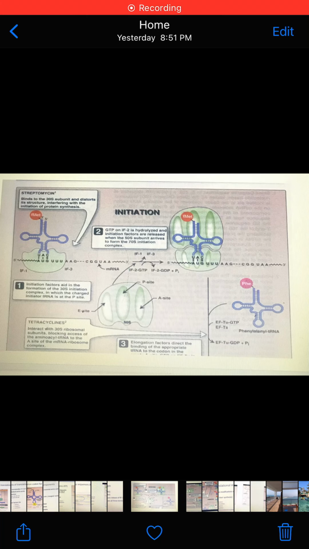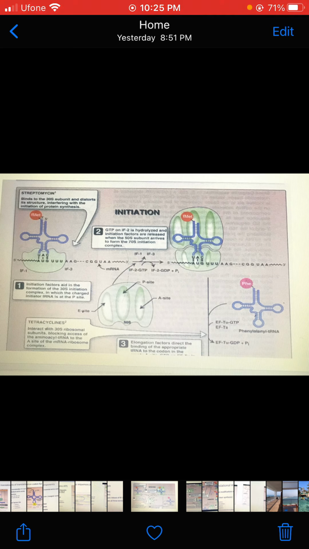Bismillahirrahmanirrahim. Yesterday we discussed in detail the overall process of translation that was divided into 3 steps: initiation, elongation and termination. This is the prokaryotic process of translation, the synthesis of protein in case of prokaryotes.